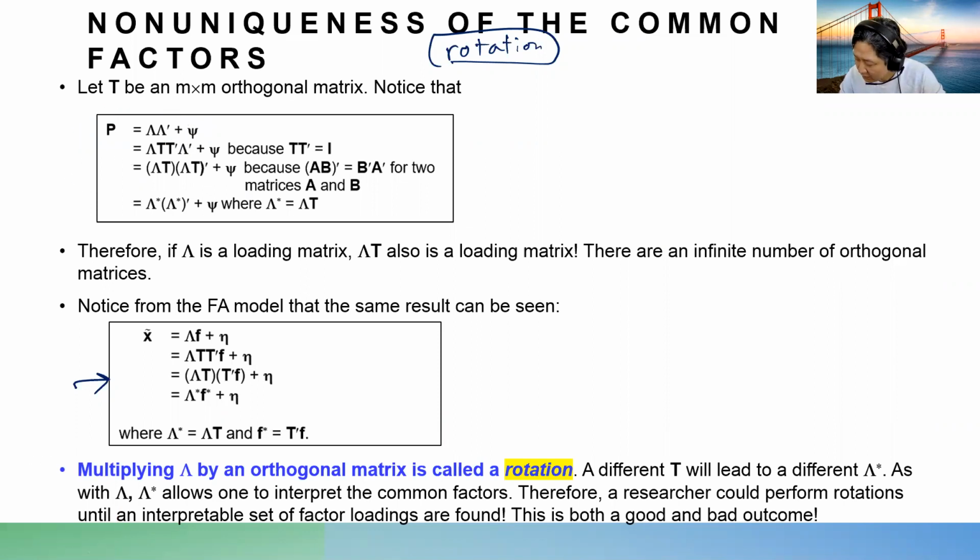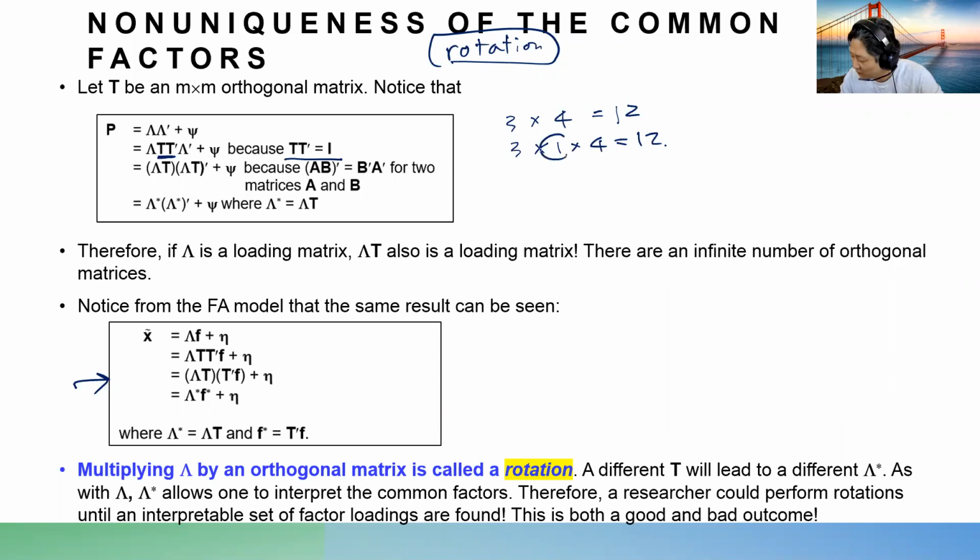And then we can multiply T times T transpose, where T is an orthogonal matrix here. So T times T transpose is the identity matrix. For example, 3 times 1 times 4 is still 12, right?